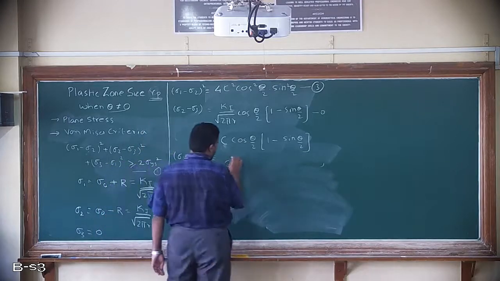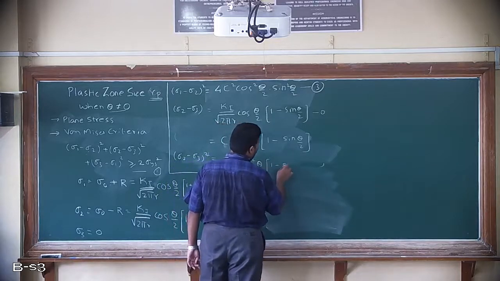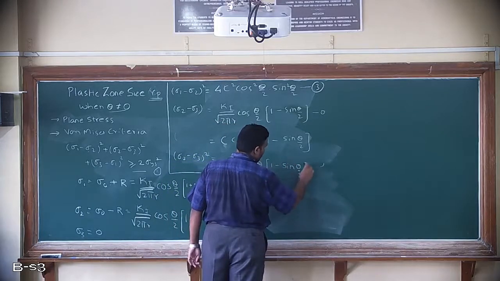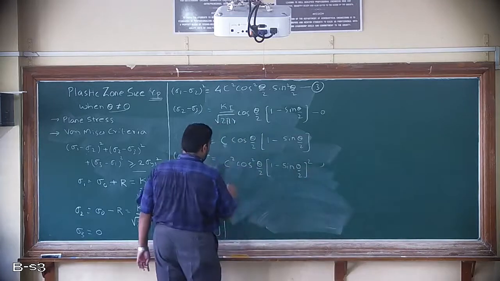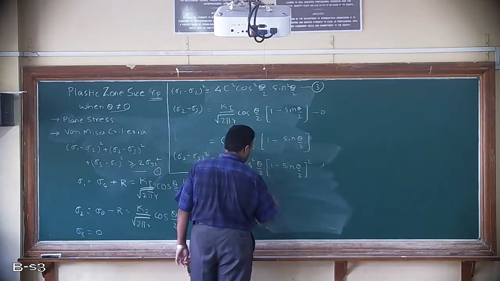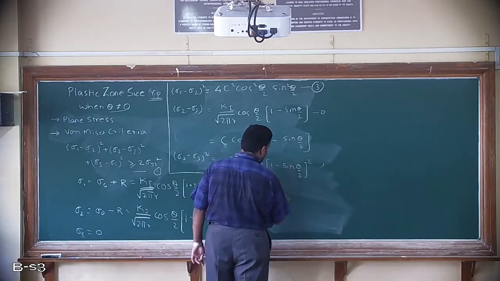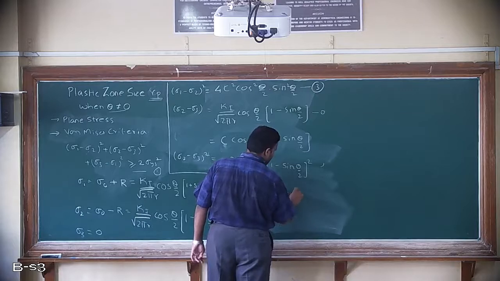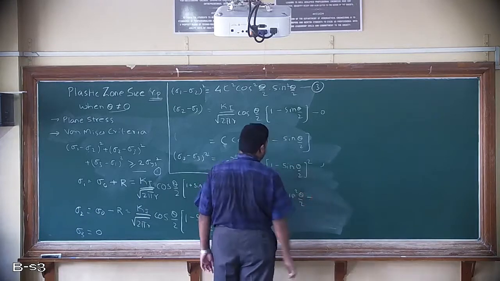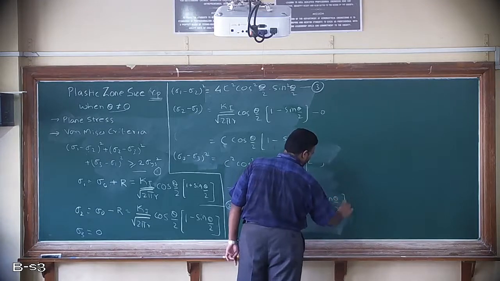This will be C² cos²(θ/2) (1 − sin(θ/2))². Simplifying this, we get C² cos²(θ/2), and this can be written as a² plus b², that is 1 plus sin²(θ/2), minus 2ab, that is 2 sin(θ/2). Right?